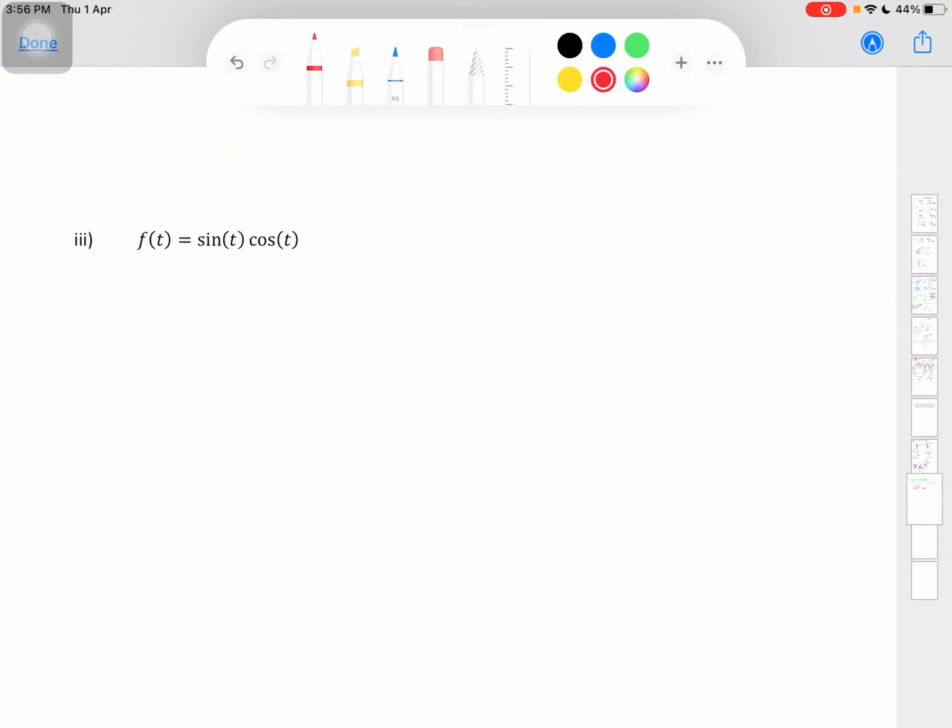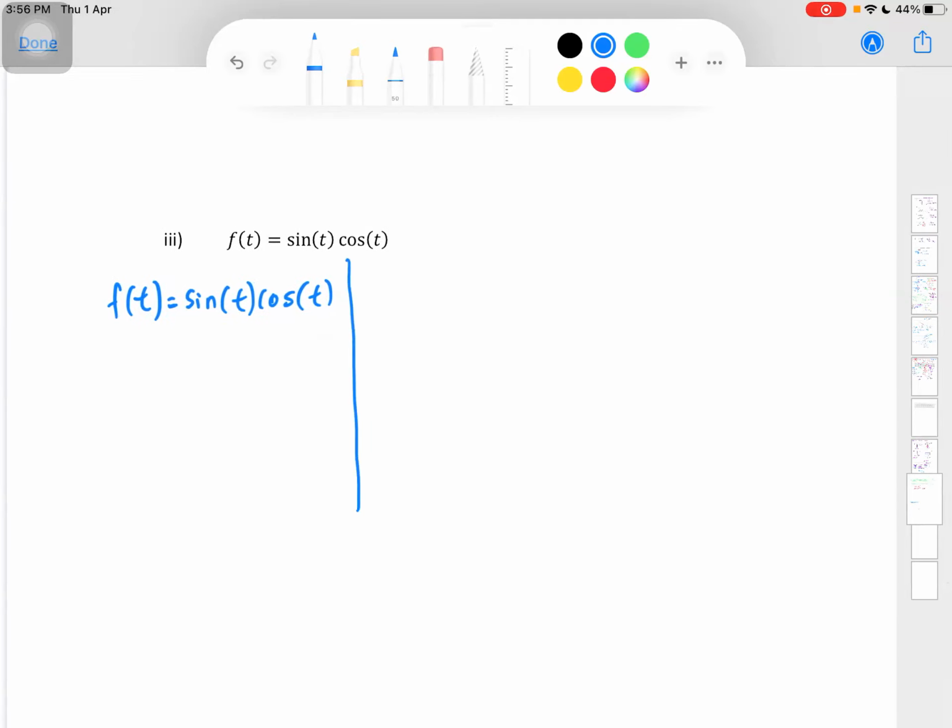Now we have a signal which is the result of multiplying a sine and cosine signal. Let's use the same method. So we have f of t equals sine t cosine t. For the second one, we need f of minus t, which is sine of minus t multiplied with cosine of minus t.